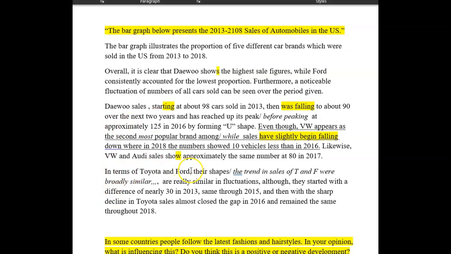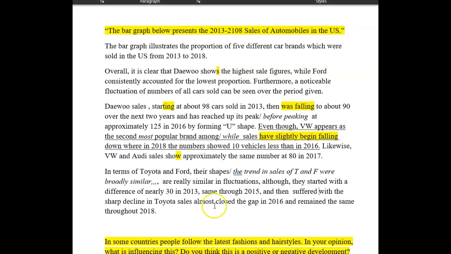In terms of Toyota and Ford, I'm not worried about the shape. I'm more worried about the trend. We could use this word. The trend in sales were broadly similar. So rather than that, I'd go this. The trend in sales were broadly similar, as they started with a difference of nearly 30 in 2013 to 15, then suffered a sharp decline.